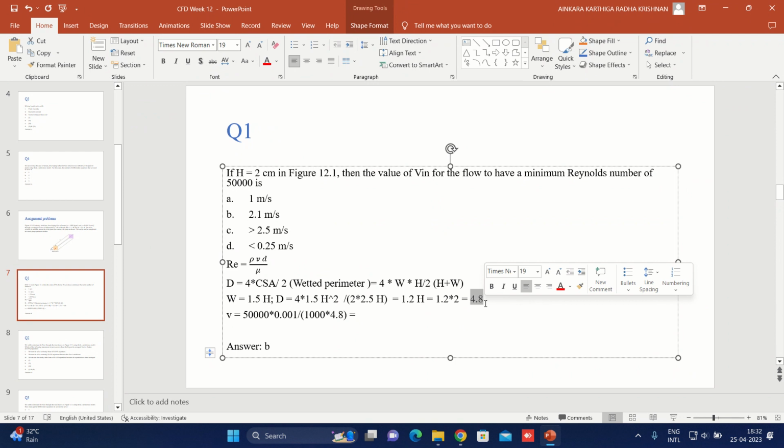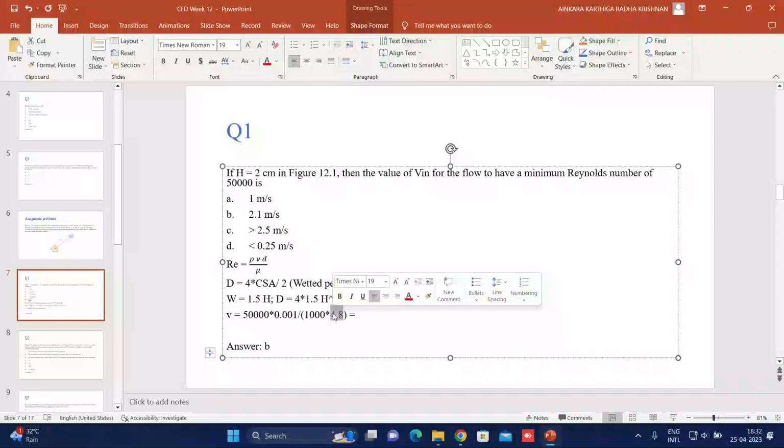Finally, this is 2.4. So in that case, something is going wrong actually.